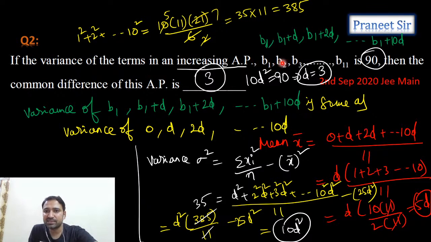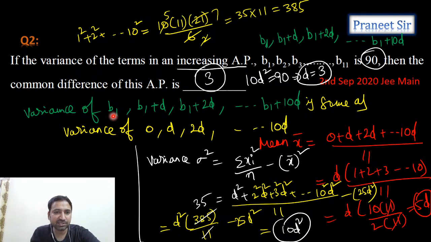The variance of the increasing AP B1, B2, B3, so on up to B11 is 90, he has given. But instead of calculating B1, B1 plus D, B1 plus 2D, so on up to B1 plus 10D, it's better to calculate 0, D, 2D. Why? Because if you subtract a constant or add a constant, variance doesn't change.